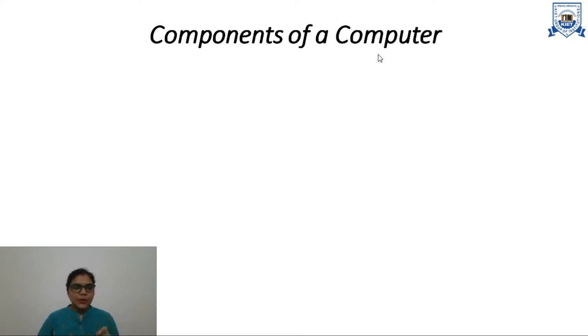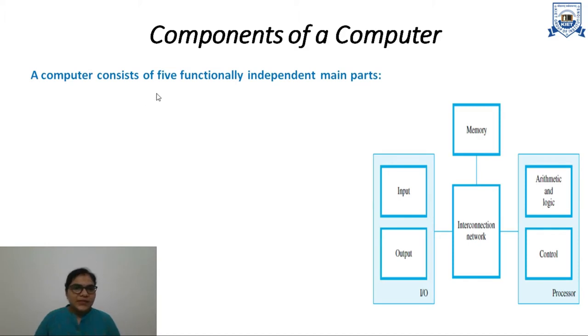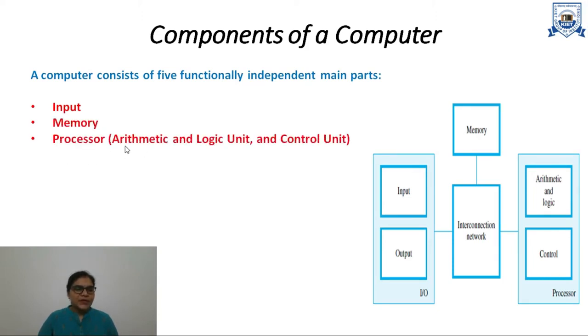The components, as you can see in this figure, are input, output, memory, arithmetic and logic unit, control unit as a part of the processor, and some interconnection network. So a computer consists of five functionally independent main parts.